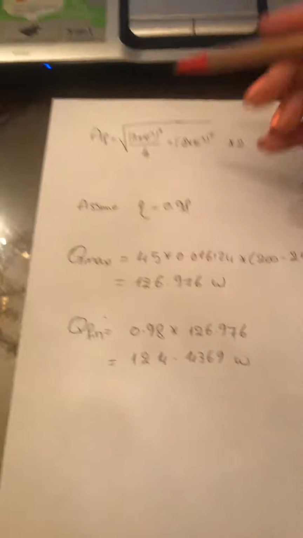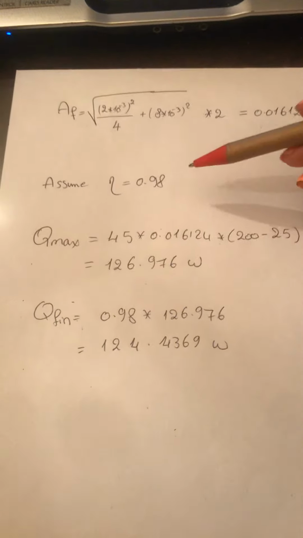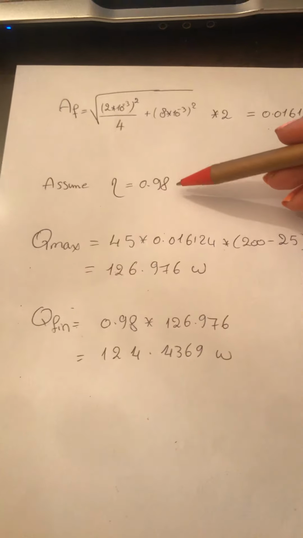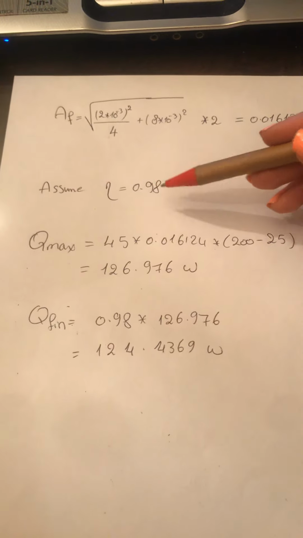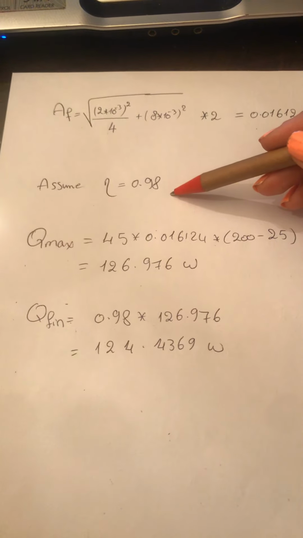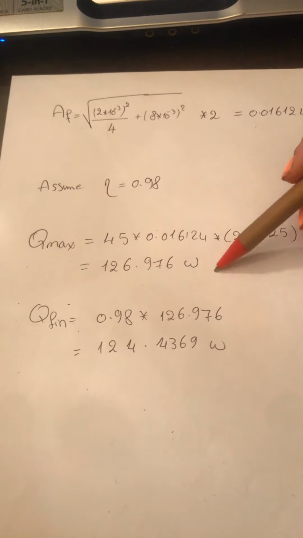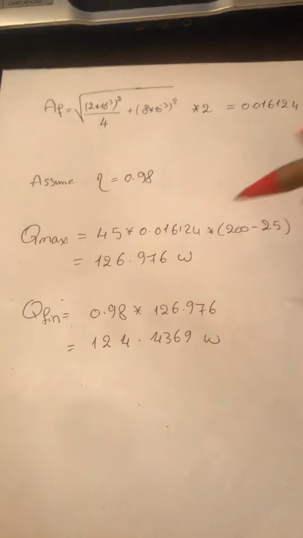And we calculate the area for the fin, we calculate it equal this. Then if the efficiency is not required, we assume that the efficiency equals 0.98. We make a direct substitution. So the Q fin, we got it.